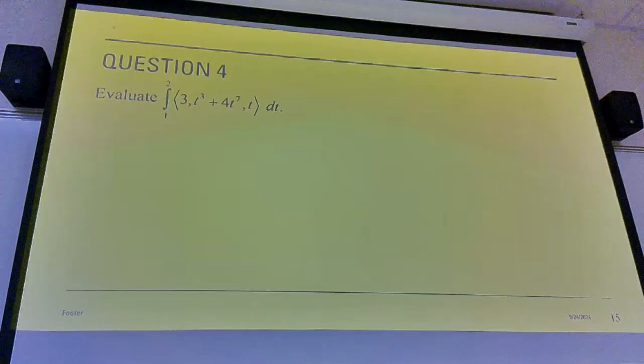So unfortunately, if one of your components does not have an antiderivative, you have to use a numerical technique on the whole thing. And the technique used is Simpson's by default. We'll see if we encounter any problems like that.